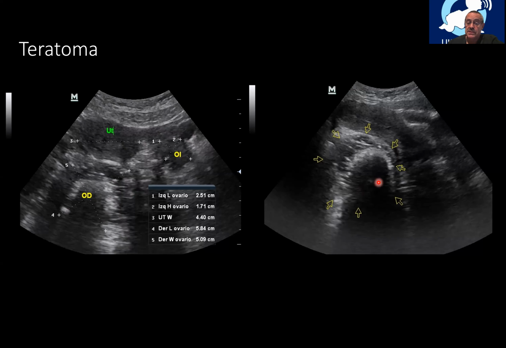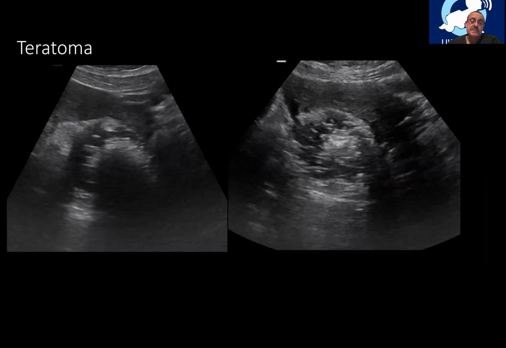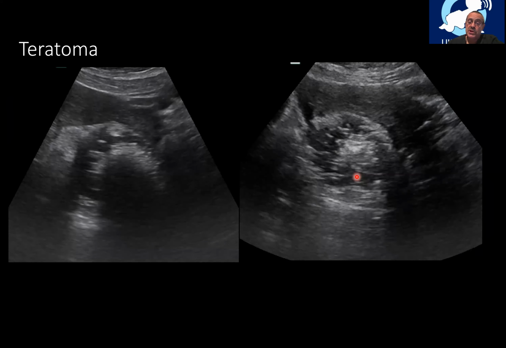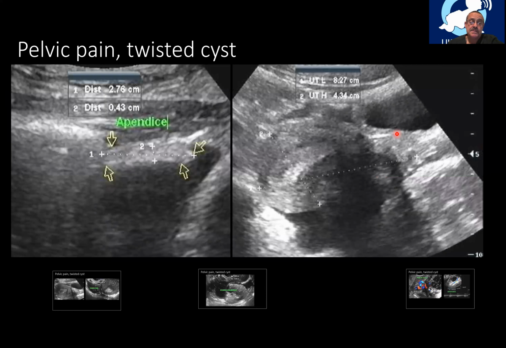And this is the longitudinal view or right parasagittal view of that same mass, which looks like a teratoma. Easier to see here because of the shadowing, not that easy to see here with a small amount of free fluid surrounding there.